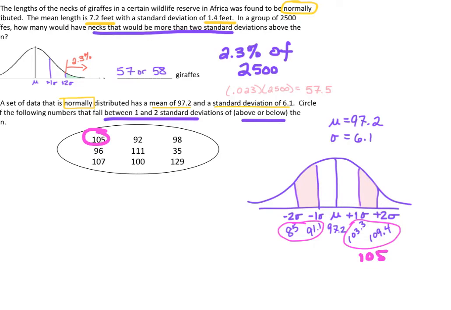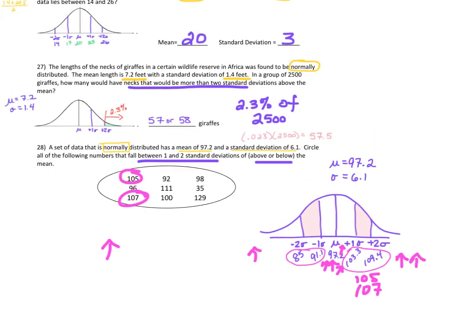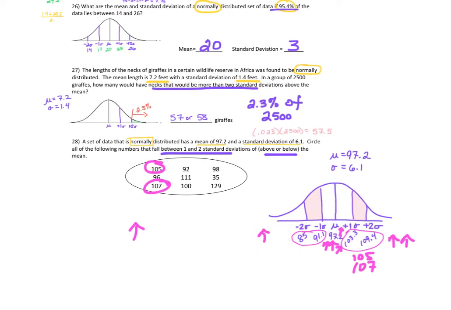And then 92 is over here somewhere, and 98 is over here somewhere, and so is 96 in there somewhere, and 111 is over here somewhere, and 35 is like over here somewhere. And wait, 107, well, 107 is in this space as well, 100 would be over here somewhere, and 129 would also be over here somewhere. And so just the 105 and the 107 fit that description.